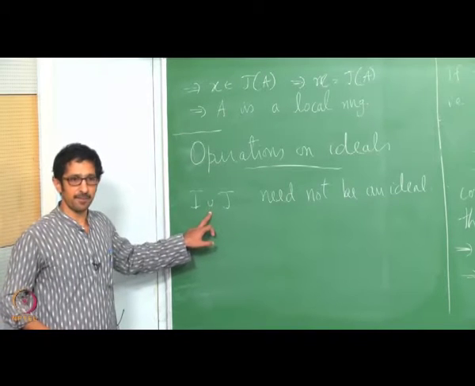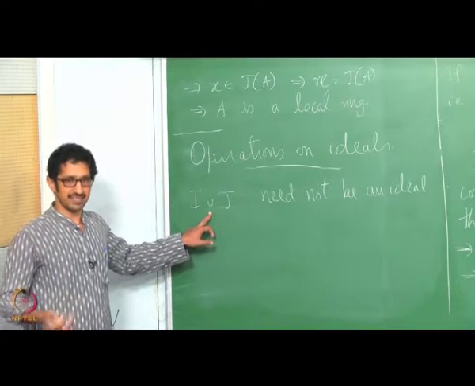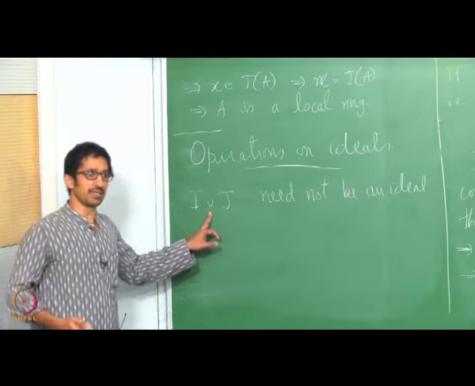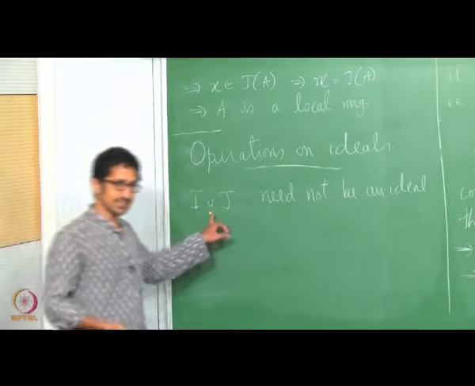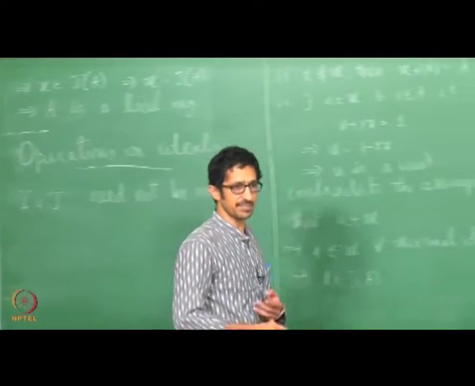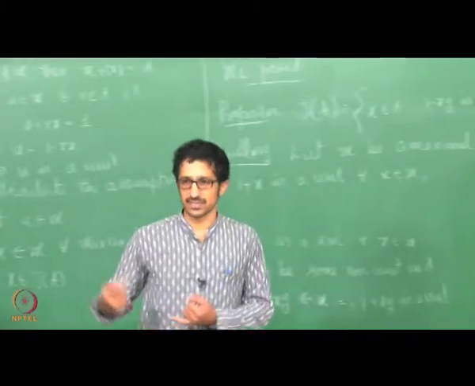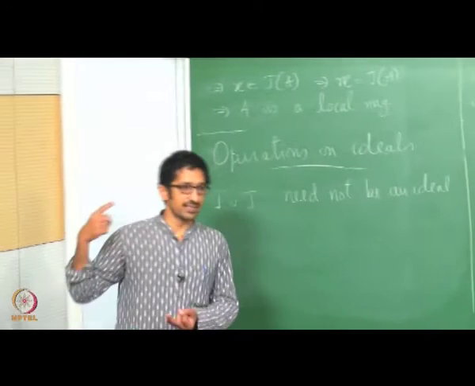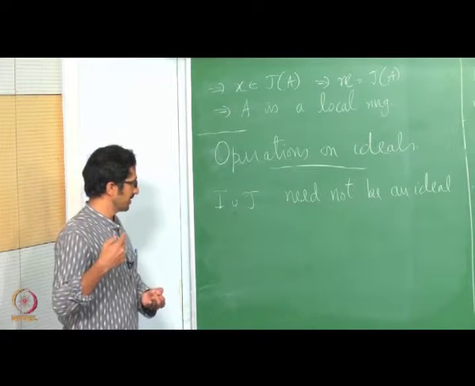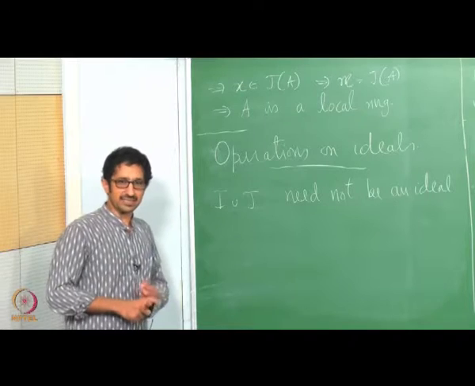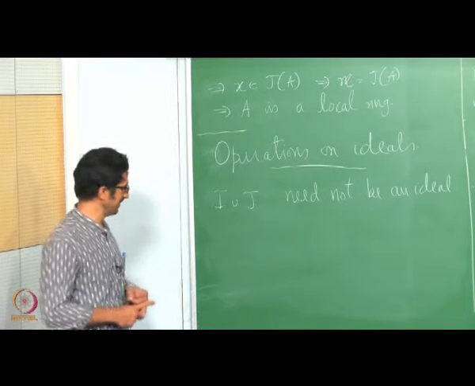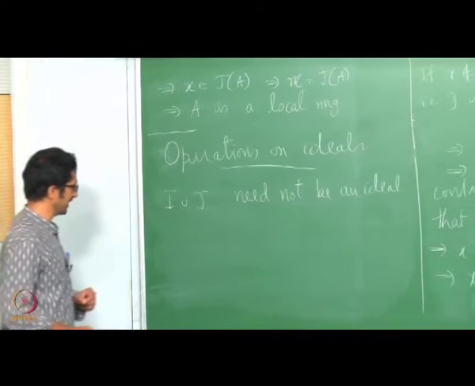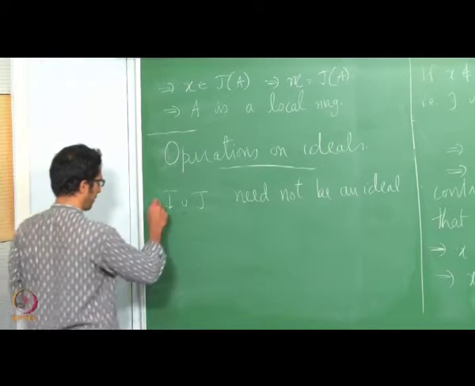I union J is an ideal if and only if I is contained in J or J is contained in I. This is something that you have seen for the case of vector spaces and group theory, at least in these two cases you must have seen earlier.